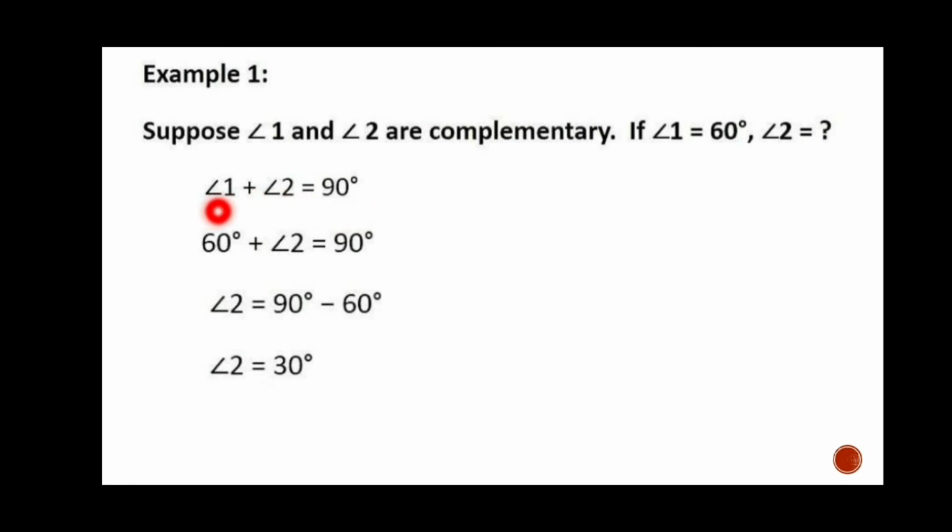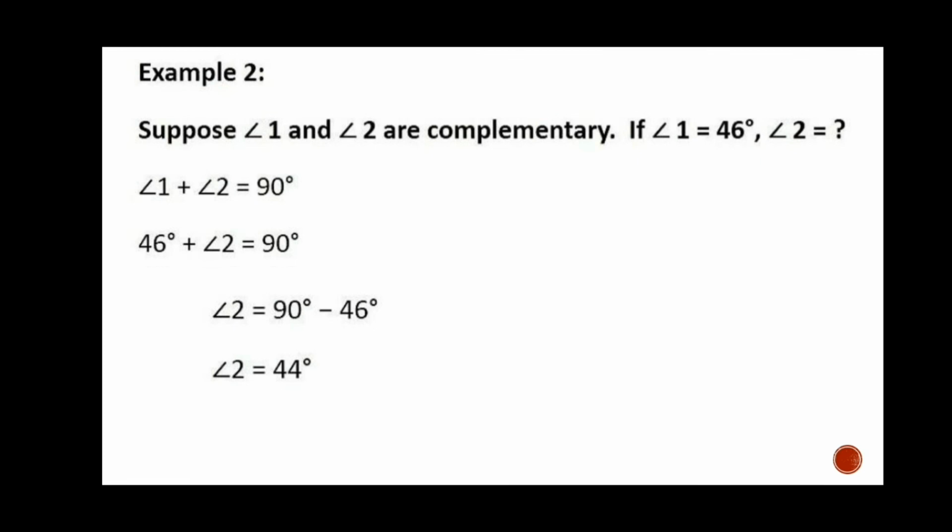We know that if the angles are complementary, their sum is equal to 90 degrees. So here we have taken angle 1 as 60 degrees. So angle 2 will be 90 minus 60 degrees, that is 30 degrees. You can see children, 30 degrees is less than 45 degrees. So angle 2 is the complementary angle of angle 1 and its value is less than 45 degrees.